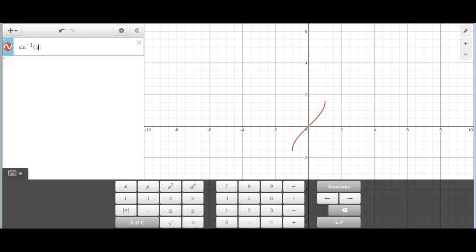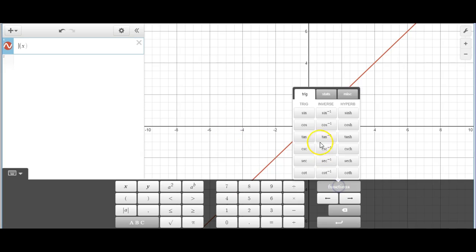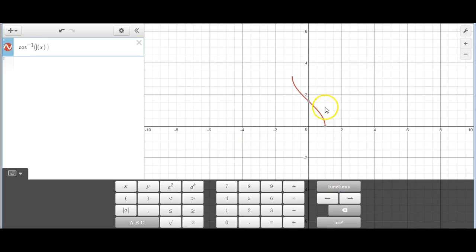It does not continue to serpentine up the y-axis like we saw in the graphing calculator. You can do the same thing with cosine x. So clear that out and replace that whole thing with cosine inverse. And you can see it's restricted in such a way that the inverse is a function.